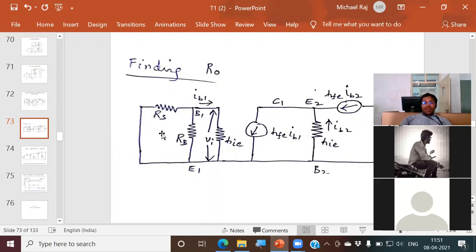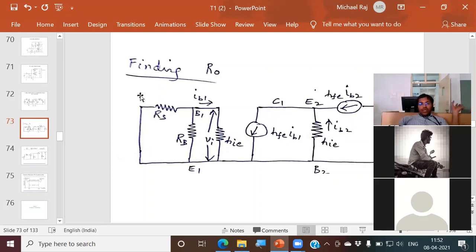Just by looking at this, the KVL equation will be IB1 multiplied by the parallel combination of RS and RB, plus this voltage drop, which is IB1 into HI. You need not remember anything. Two resistors in parallel, I can replace by a single resistor, then to that I am applying KVL.